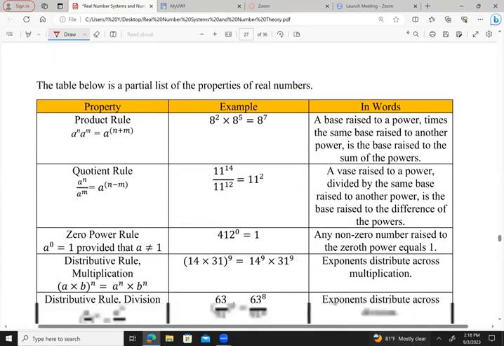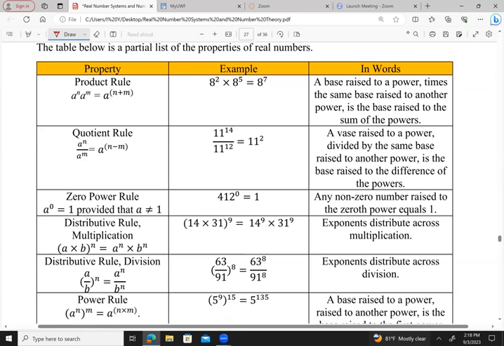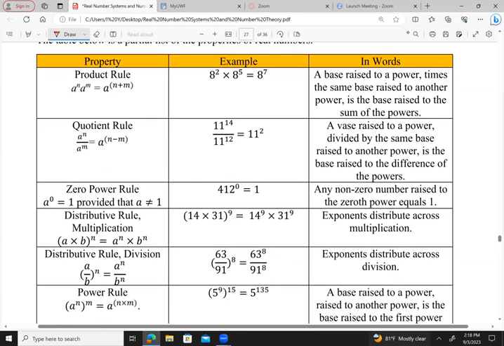Now here we have a partial list of the properties to review. Product property: a to the n times a to the m is a to the n plus m. A to the n divided by a to the m is a to the n minus m. A to the 0 power is 1, provided that a does not equal 0.